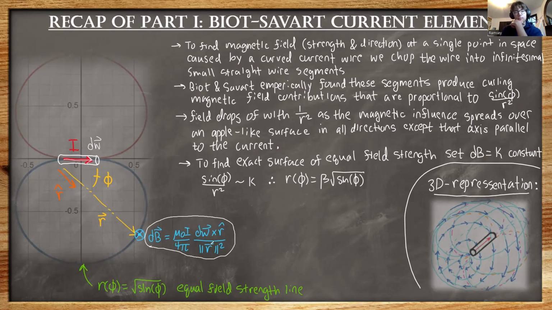So unlike the cylindrical shell, whose surface area depends on r, this particular shape depends on r squared. So we're taking the Biot-Savart element influence, and we're in essence spreading it over this weird sort of donut shape. I've got a 3D representation over here. So that's why the Biot-Savart element actually drops off as 1 over r squared.